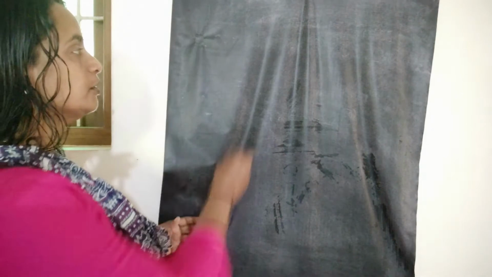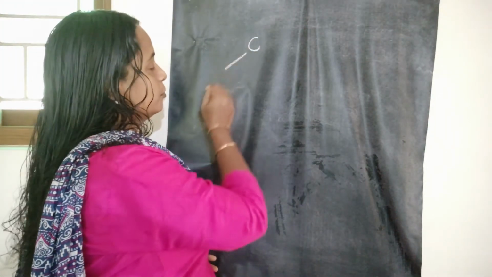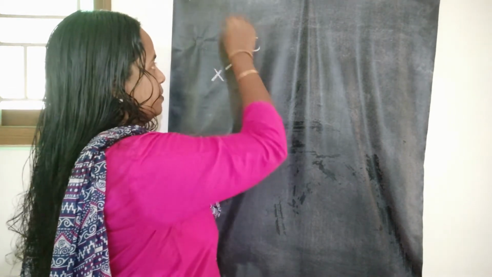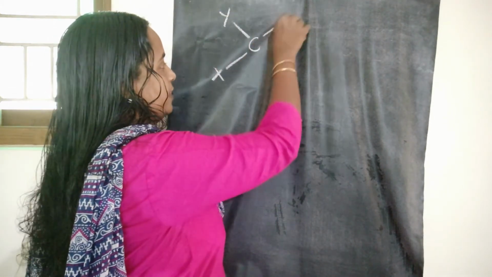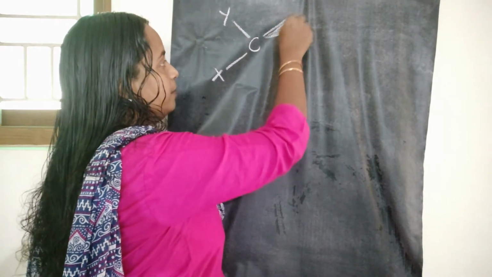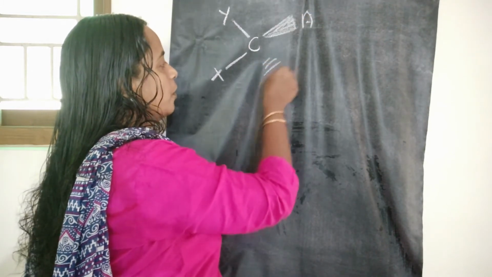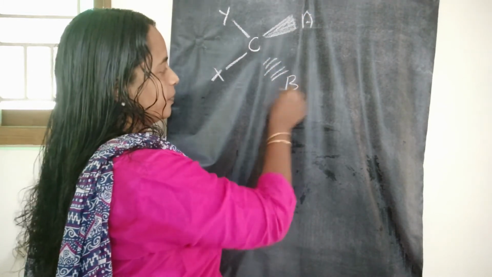If a tetrahedral carbon is bonded to different types of atoms, that carbon is called an asymmetric carbon, also known as stereocenter.